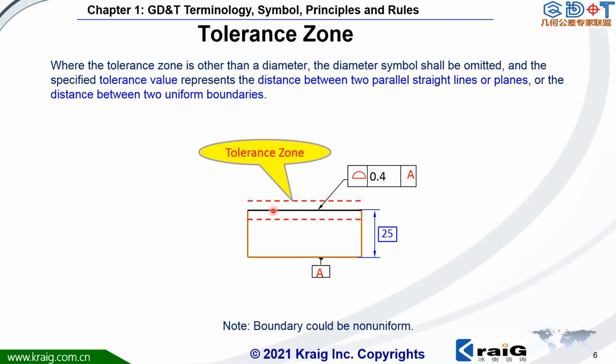The actual tolerance feature is supposed to be valued inside this space. We call this tolerance zone. The shape of the tolerance zone is two parallel straight planes or two parallel straight surfaces.